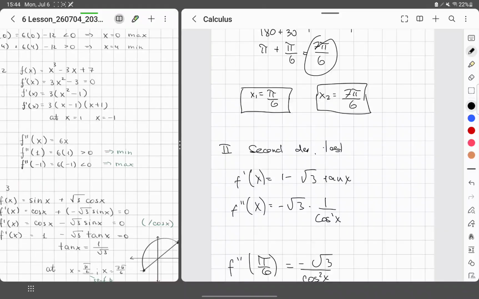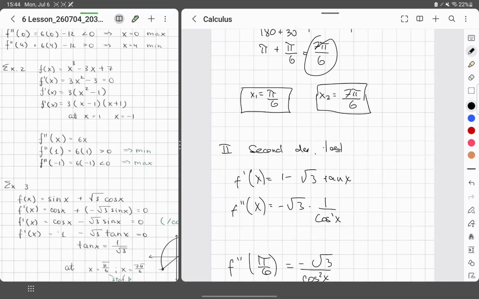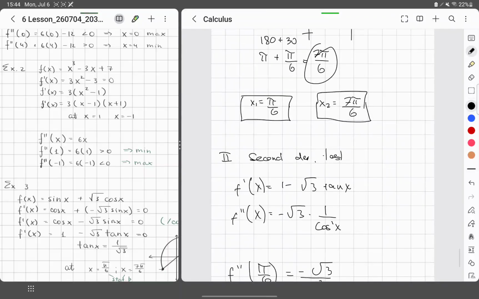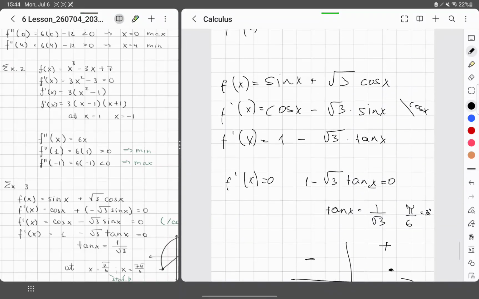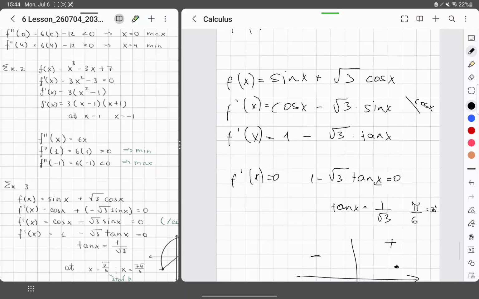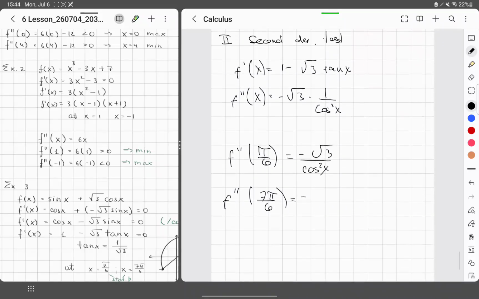Okay, the first derivative is this one. What is our first derivative? Just remember, what is our first derivative test? Cosine x minus... What was our first derivative? Wait. Cosine x minus... Okay, wait a second.